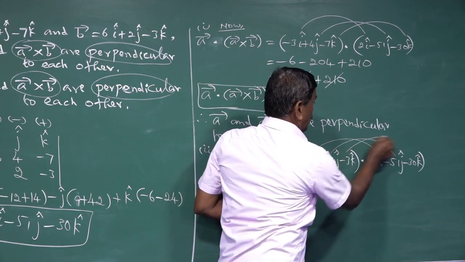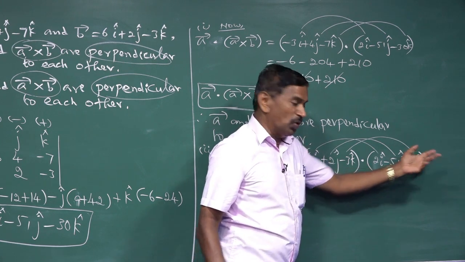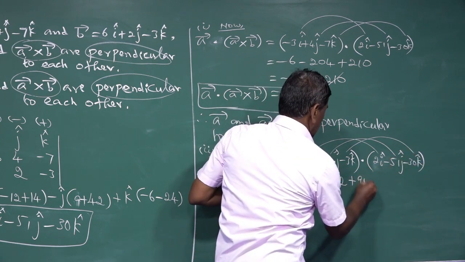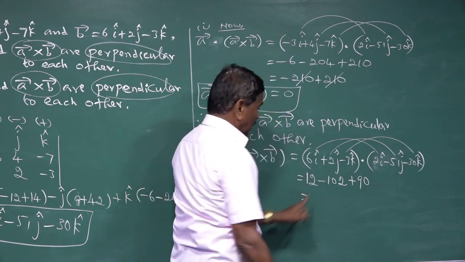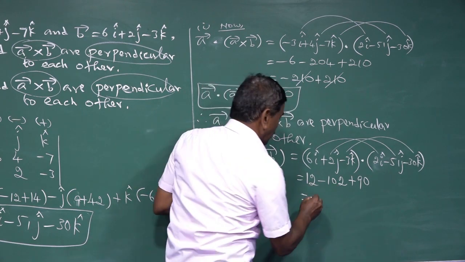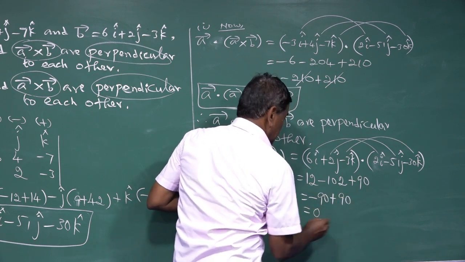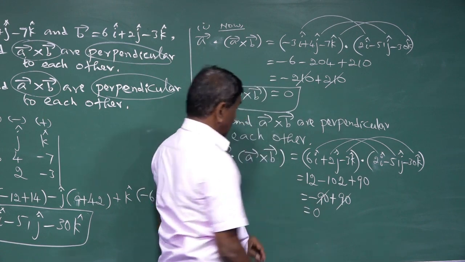Next, K to K: minus into minus is plus, 3 into 30 is 90. So 12 minus 102 is minus 90, plus 90, which equals 0 because plus 90 and minus 90 cancel.